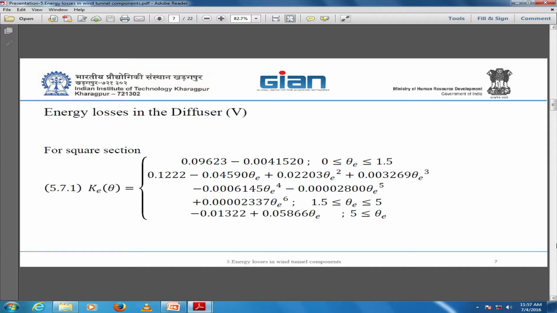Something is wrong there. What is it? I think there is a misprint there. Let me see. On the first row. Yeah, this is for square section. Another one is for circular.